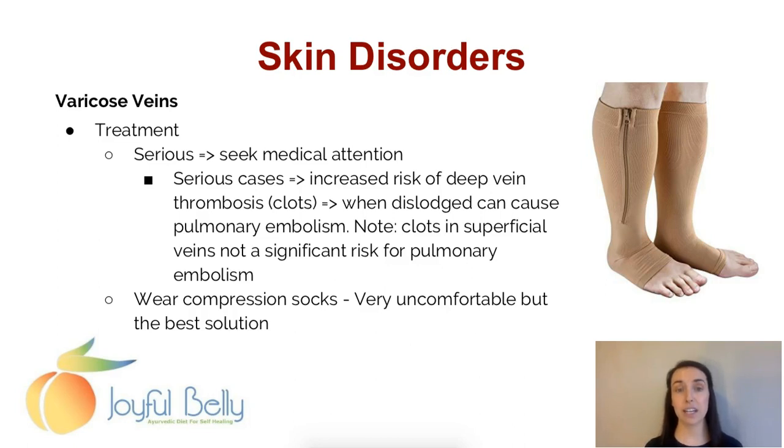If a clot from DVT dislodges, it can travel through the circulatory system and lodge somewhere such as the lungs, and this is known as a pulmonary embolism. Note that clots in superficial veins are not as significant a risk for pulmonary embolism as in the case of deep vein thrombosis.